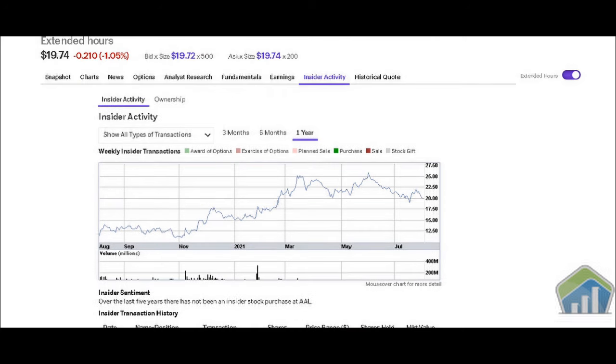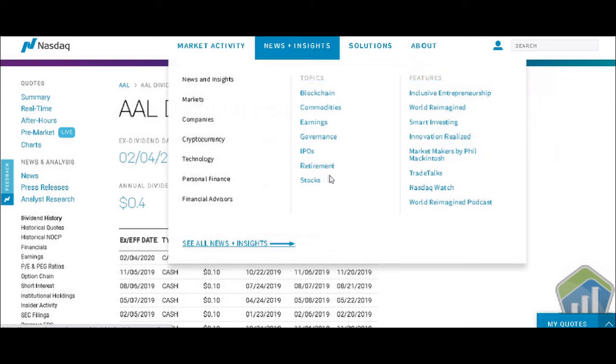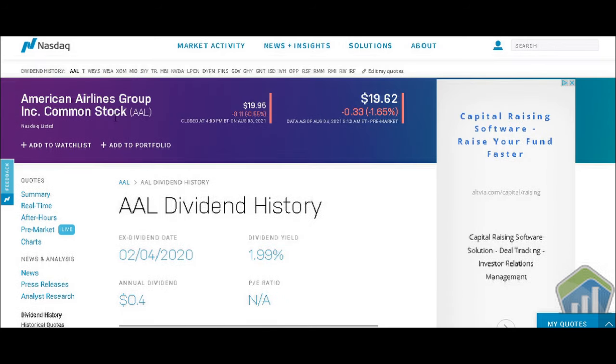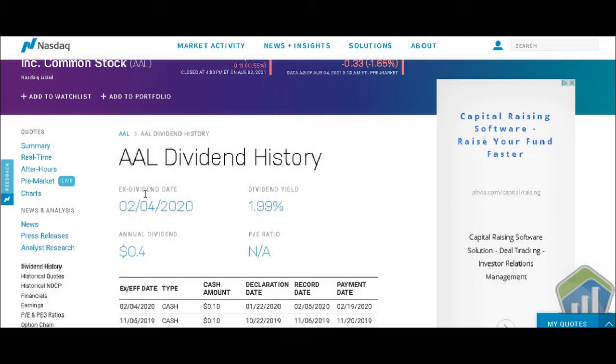So what we want to do is push on forward and go over to our NASDAQ website and just take a look at American Airlines in general and their dividend history, right? So ex-dividend date was on February 4th, 2020. Dividend yield back then was 1.99%. They had an annual dividend of 40 cents with no PE ratio, right?